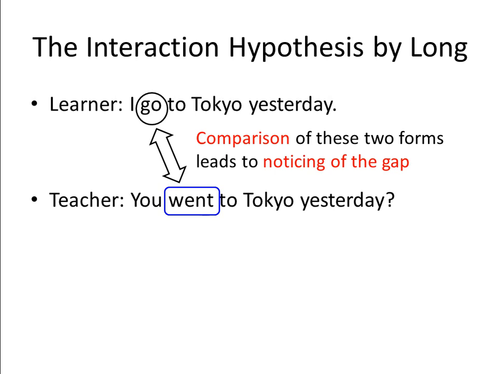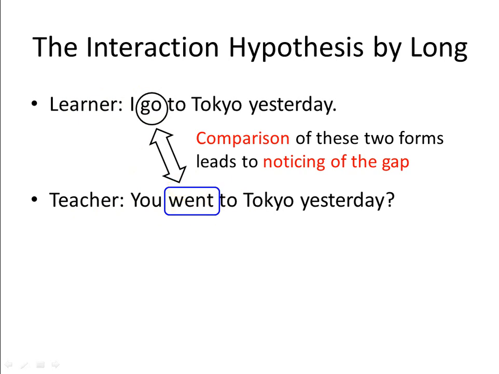And the learner notices that something has changed. Did I say listener? Oh, I should have said learner. So the learner notices that something has changed. In his or her original utterance, we had go, but in the teacher's utterance, we have went.